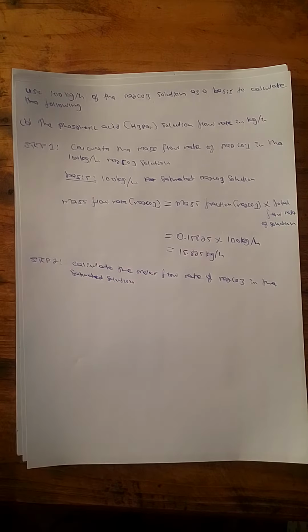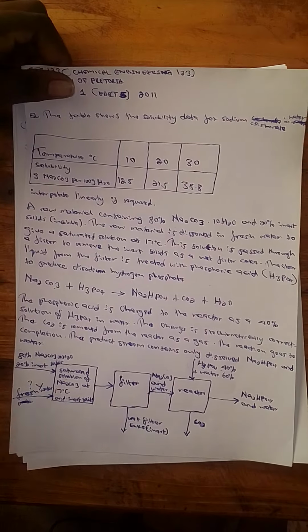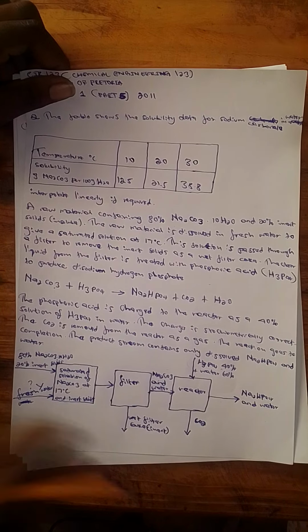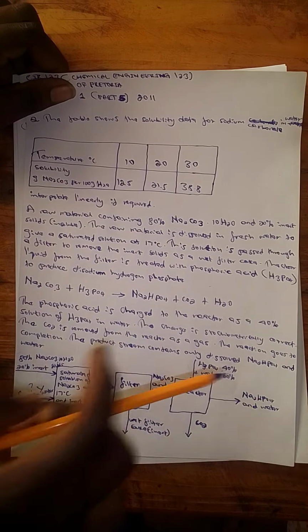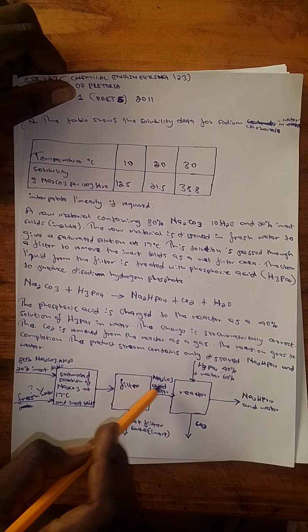It's also important to notice that because we know the Na2CO3 here, we don't really need to worry much about the water, because the equation doesn't include the water in the reaction. So we're going to be focusing on the Na2CO3.